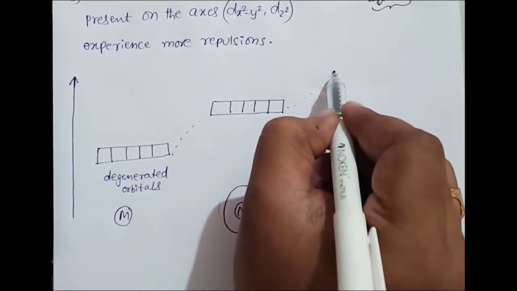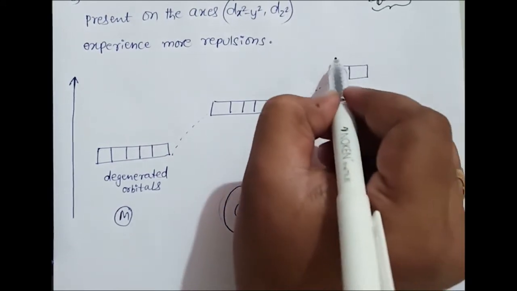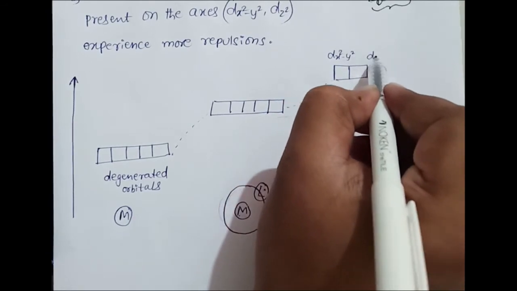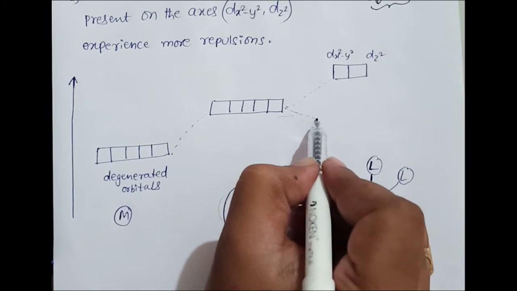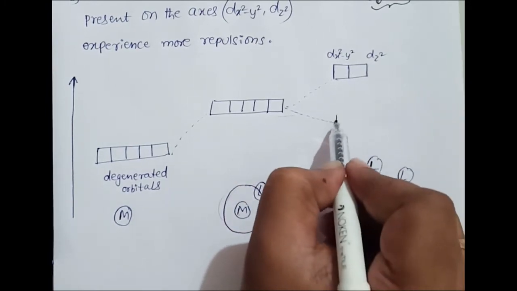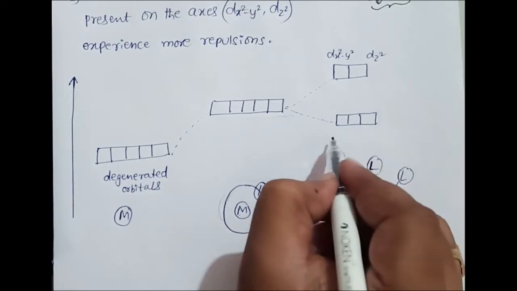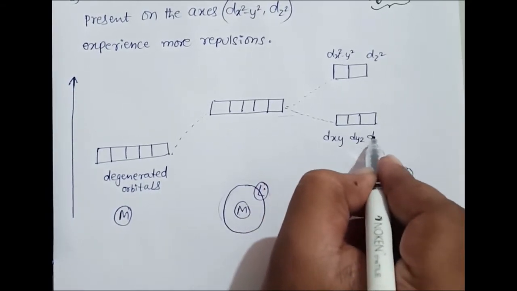EG will experience more repulsions. EG means dx square minus y square as well as dz square will experience more repulsion, and T2G will experience less repulsion. That is this one, dxy, dyz and dzx.